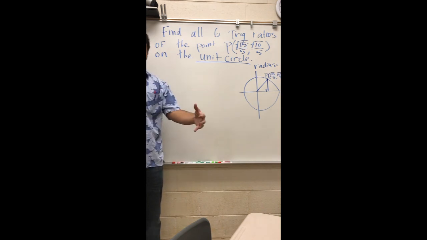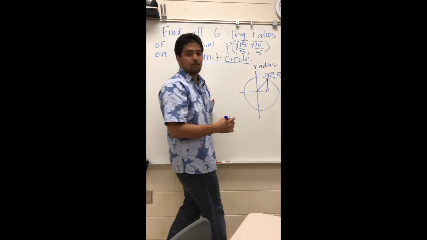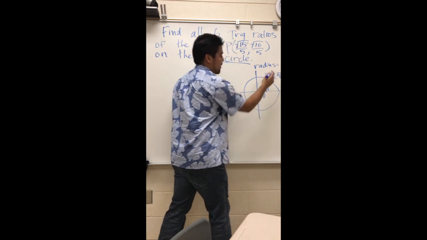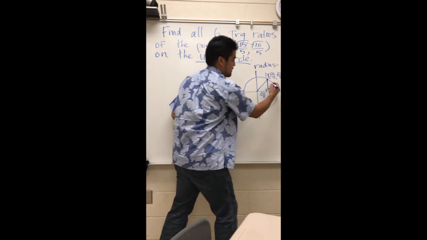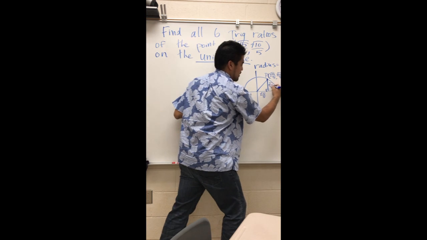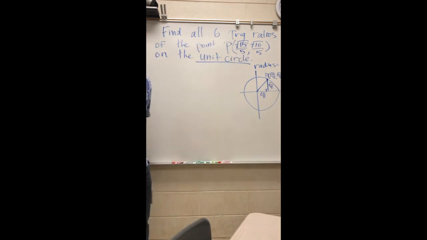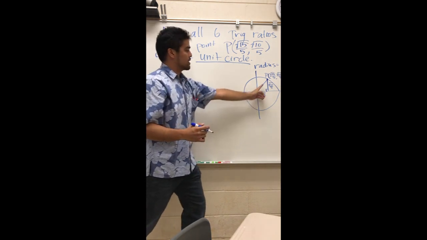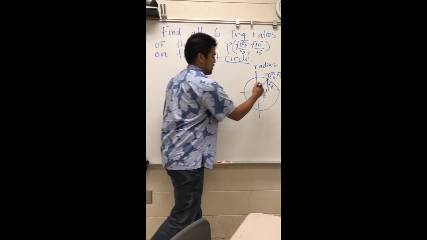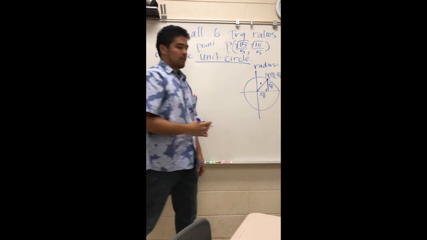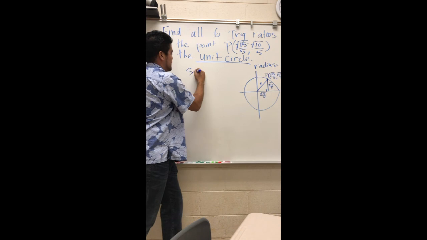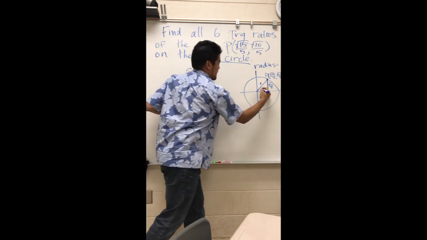Now our x value is radical 15 over 5, and our y value is radical 10 over 5. Also, because it's on the unit circle, the radius of this triangle is equal to 1. Therefore, we already know what our sine is. Sorry, we'll make this theta.